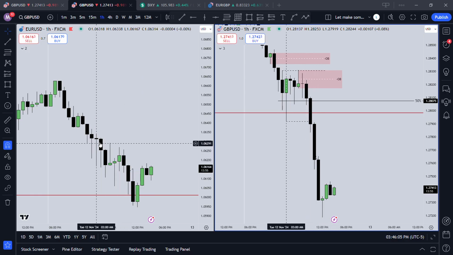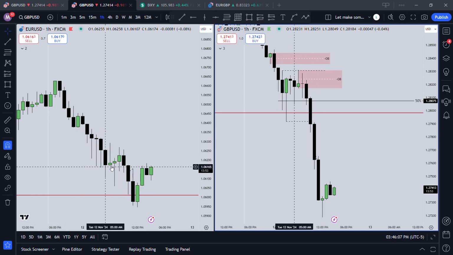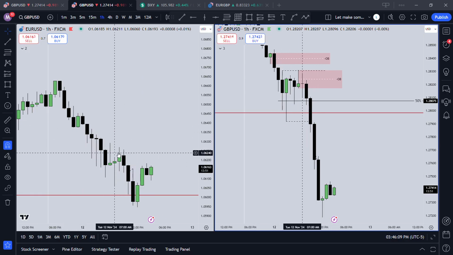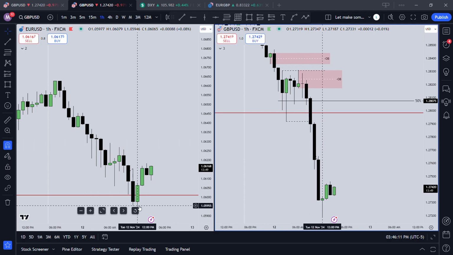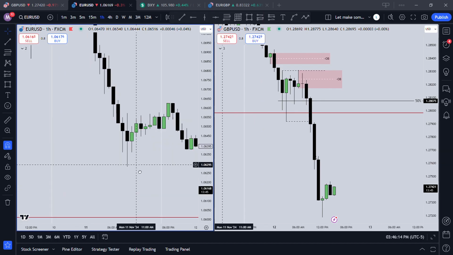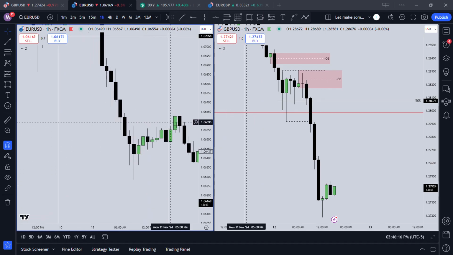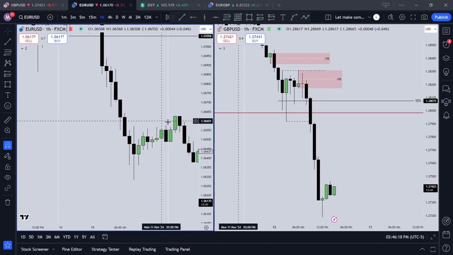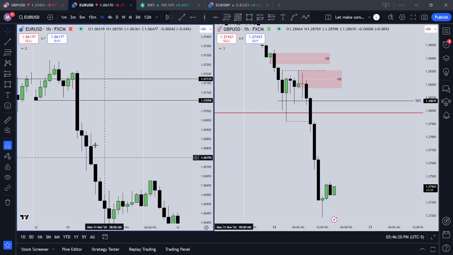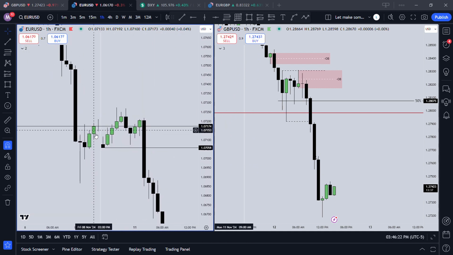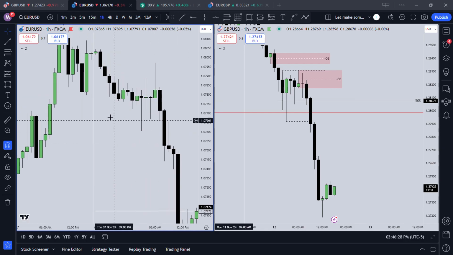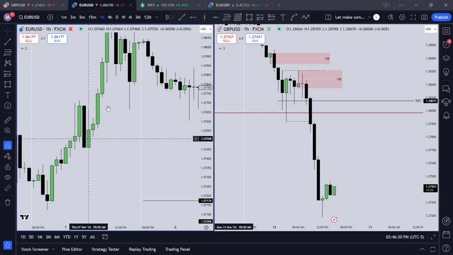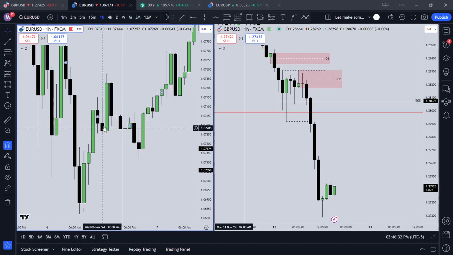Because looking at this and the way it's moving and slowly retracing and failing to close bullishly, it was a weak up move. Usually we'll see stuff like this without momentum to the upside, price is bearish. Whenever price is trying to go up and it can't, it will always dump. And when price is trying to go down but it can't, it will go up, as you can see, right?